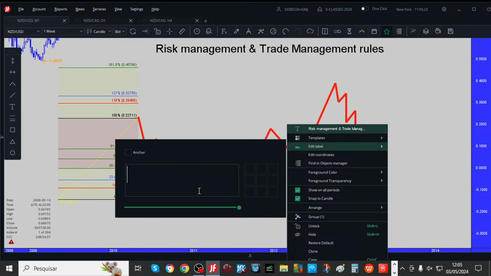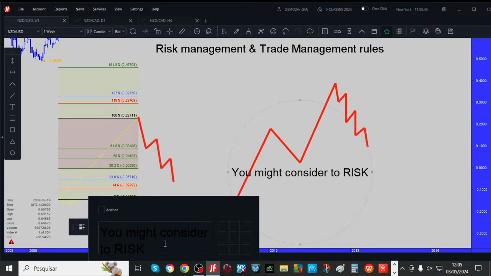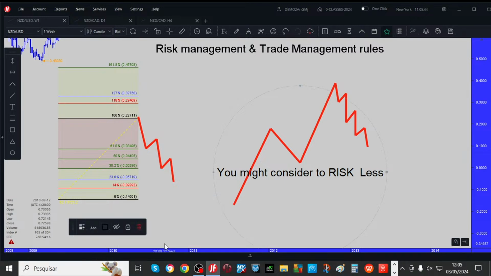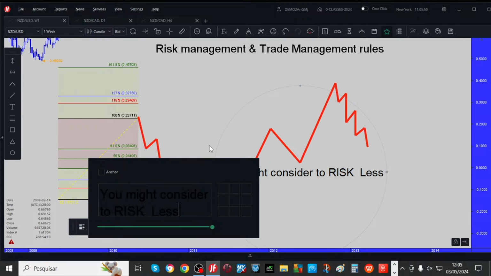So talking about risk management, you might consider to risk less in extensions.